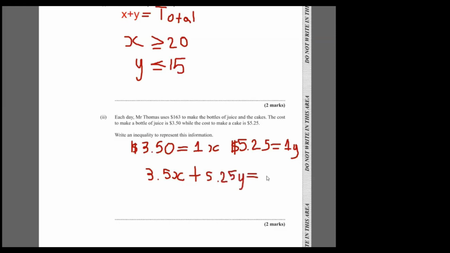It's always going to work out to be $163, which makes sense. Why did they say inequality? This sounds more like an equation. All right, unless you'd want to say less than or equal to in this case. But it says that he uses exactly. It didn't say at least. It didn't say any of that sort of stuff. It just says he uses 163. So that means that the total amount of money that he spent on bottles of juice and cakes is 163.